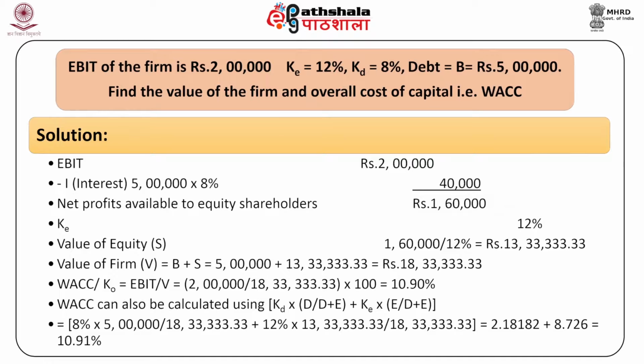WACC can also be calculated using the formula KD into D divided by D plus E, plus KE multiplied by E divided by D plus E. So when you put the amounts in the formula, you will get the overall cost of capital as 10.91%.